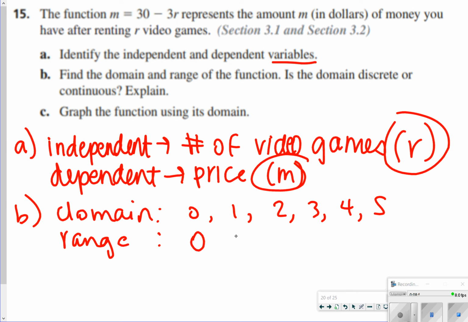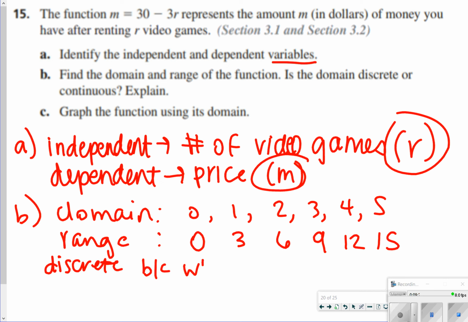But then 3, 6, 9, 12, and 15 when you plug those in. Once you have that, you can decide that this is going to be a discrete domain because you have a whole number of video games.